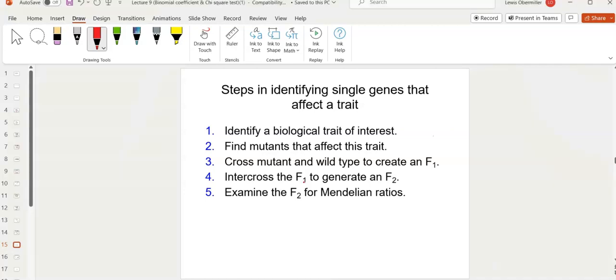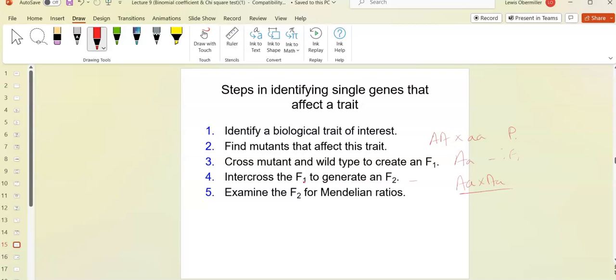Because you're going to have a normal times a mutant, and all of the offspring in the F1. This is the parental generation. This is the F1 generation. All those should be heterozygous. If you mate them to themselves, they're all heterozygous. So brothers and sisters all have the same genotype.